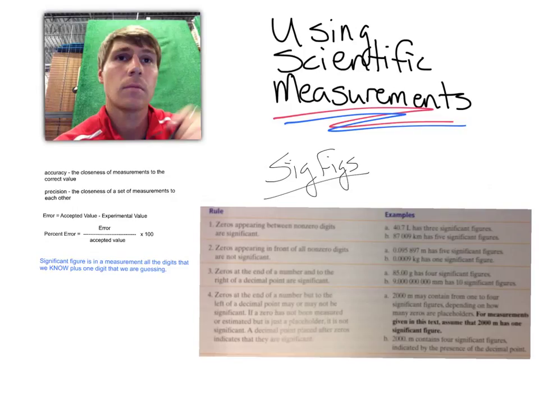Yes or no? And if we are, that means that we're pretty exact. But if we have 10 zeros after that, then that means that we know that it's that exact of a number. So it just has to do with how precise and how accurate all of these measurements are. Alright, guys. That's kind of the start to using scientific measurements and significant figures, and we will do a lot more with that in class.